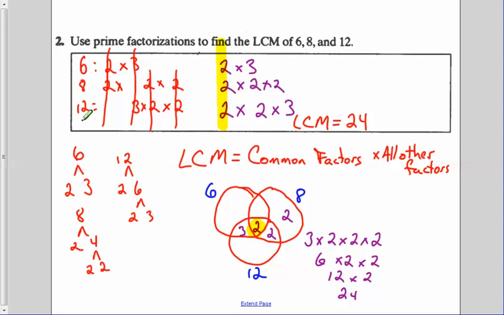But the 8 and the 12 do share a set of 2's, which would be this right here. And then 6 and 12 share 3's. We have this 3 and this 3, and that's what this 3 is over here. And that only leaves this other 2 for the 8. And that 2, just by itself, is in the 8 circle for the Venn diagram. So here's just another method of how to identify your prime factors to find the least common multiple.